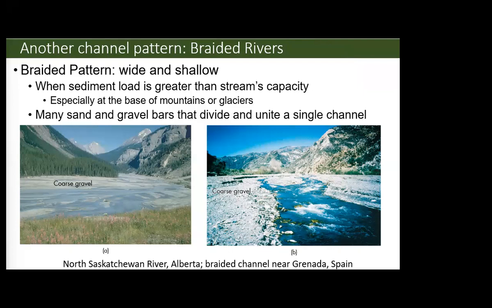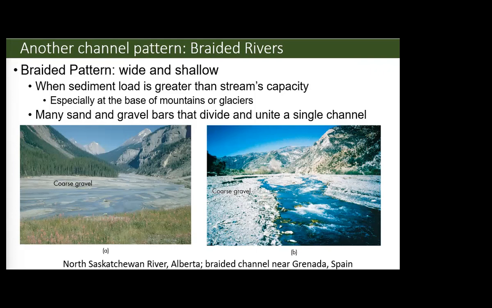For something to be braided, we have to have a very wide area and a very shallow depth. These braided rivers are probably no deeper than a foot, maybe even 8 inches, 9 inches. So not deep at all. But these happen whenever we have a greater sediment load than what the stream can actually carry.